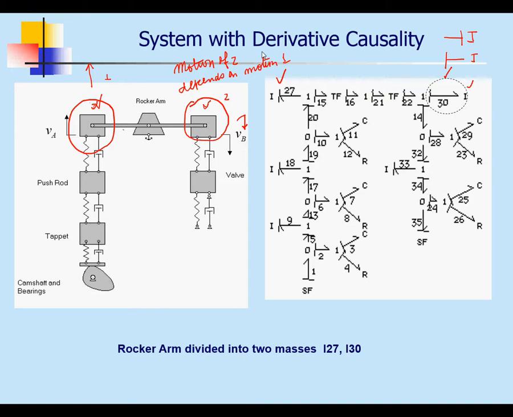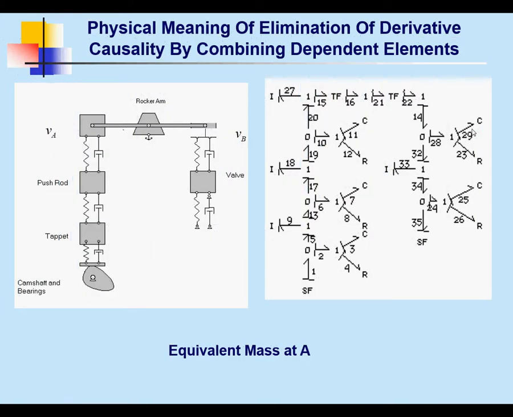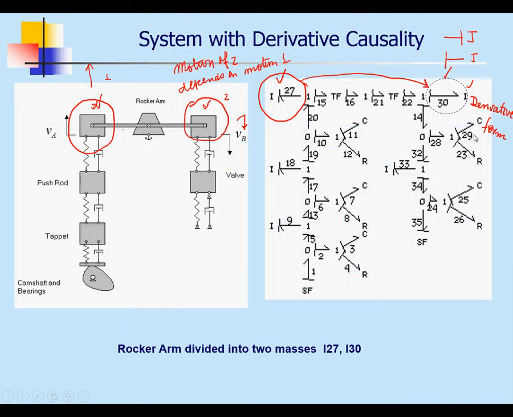And that's what derivative causality does. That's the interpretation of derivative causality. You are saying this is the one in integral form. This controls the motion of this one. Therefore, this one is in derivative form. Okay? So that's the first thing that we have done here, is to interpret this in derivative form.